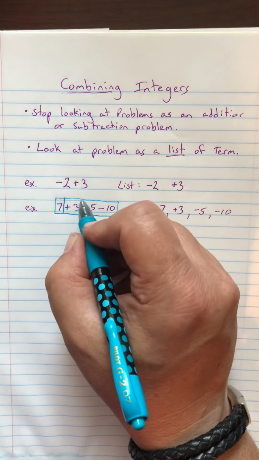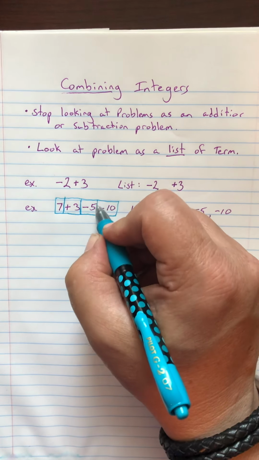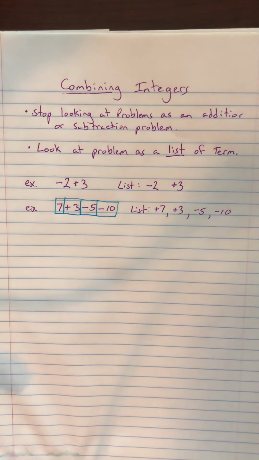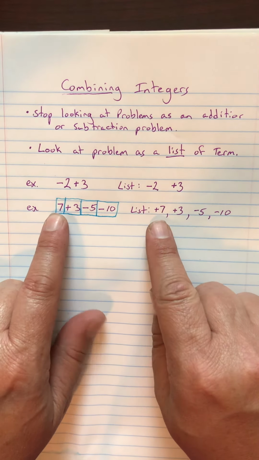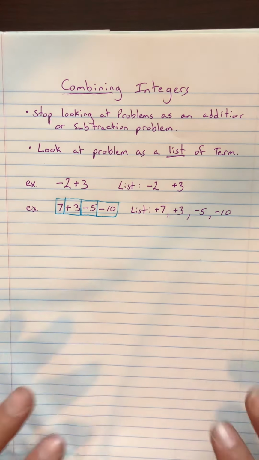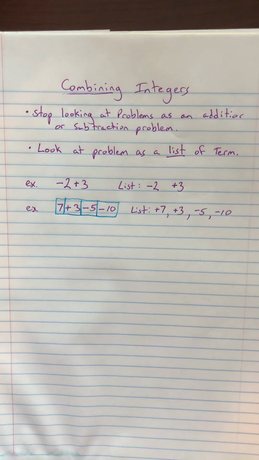Here's a negative sign, so I'm going to draw a line. Keep going. Here's another negative. I'm going to draw another line. And the end. And you can see how it breaks it up. It forces you to see it, the +7, +3, -5, -10. Separate them out. Okay, because then when you're asked to put them together, it's going to make a whole lot more sense.